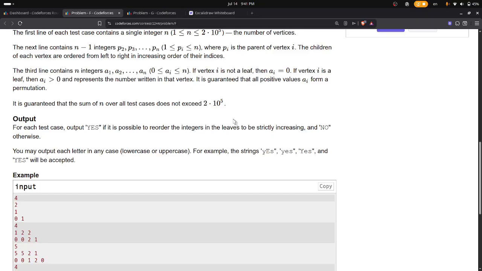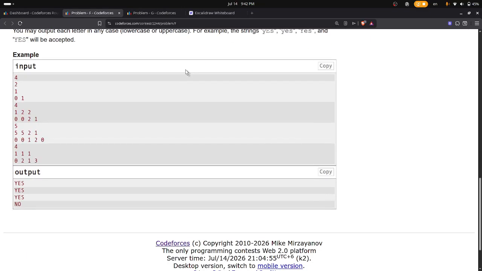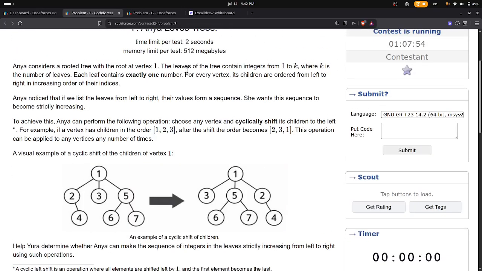Definitely the values will be ranged from... can they be n? I don't think that they can be n, because all of them cannot be leaf. So they said that the leaves of the tree contain integer from 1 to k, where k is the number of leaves.